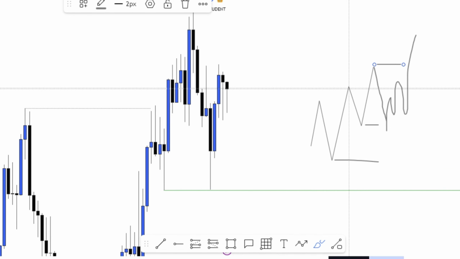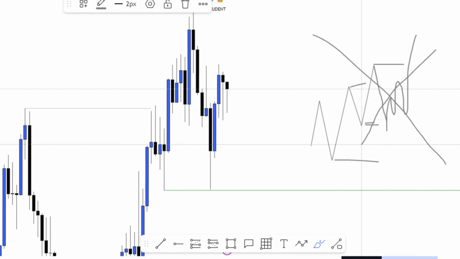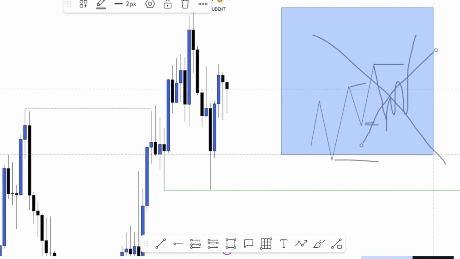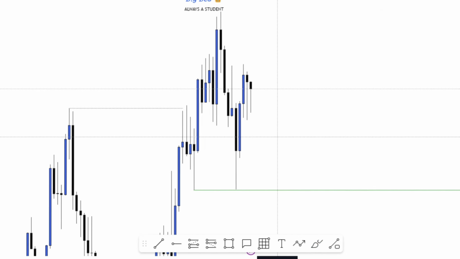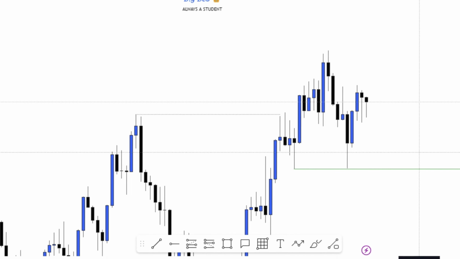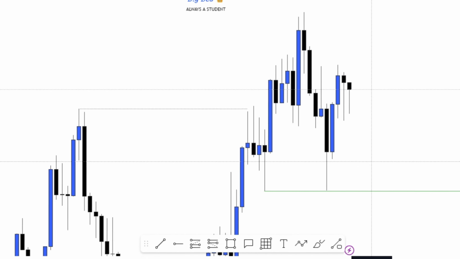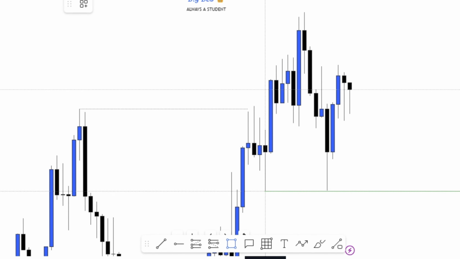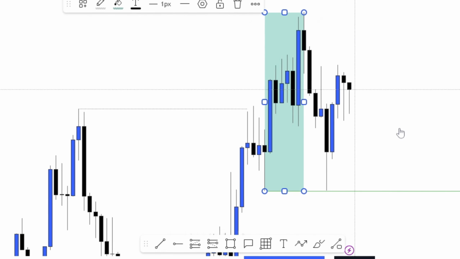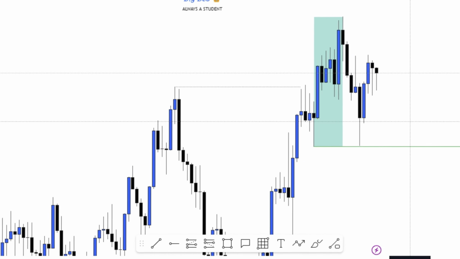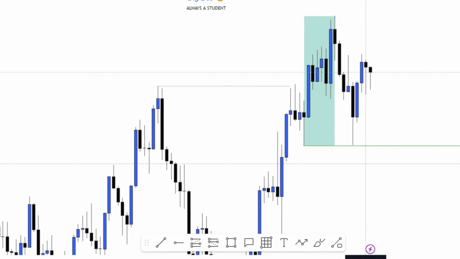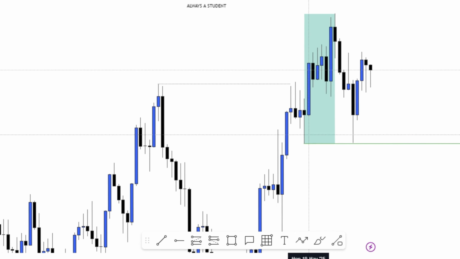So from this high to this low is just going to be a form of, sorry, what do I even use for this, liquidity engineering. So this whole area to me is just price engineering liquidity, which means there are actual buy orders below this.